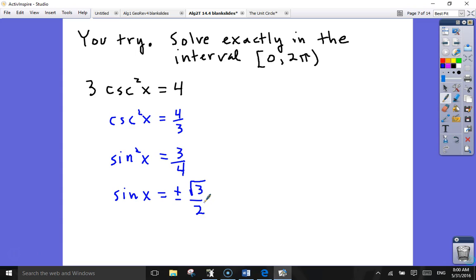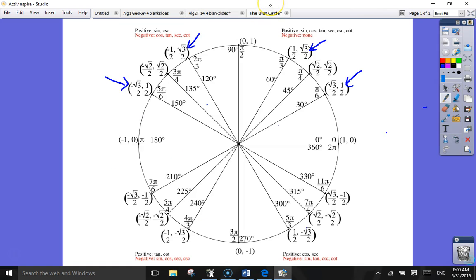Then you've got to be thinking, this is an exact one. This is clearly a unit circle coordinate. What angles between 0 and 2 pi does sine equal positive square root of 3 over 2 or negative square root of 3 over 2? Erase these. So where are all the angles?